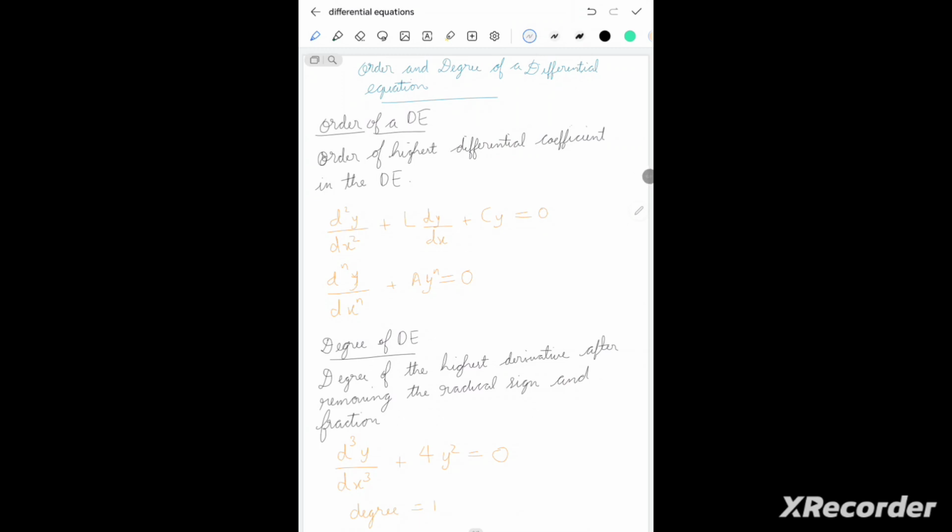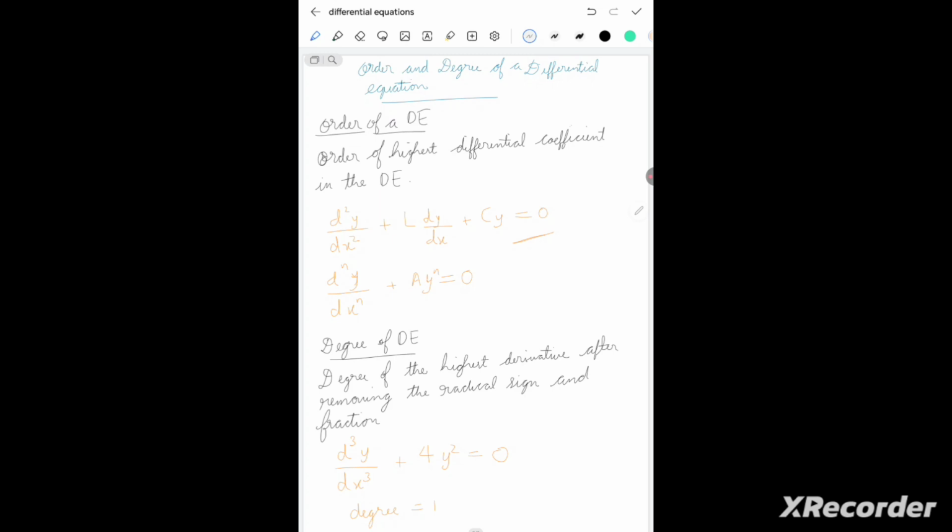Next we will learn order and degree of a differential equation. Order of a differential equation. Order of a differential equation is the order of the highest differential coefficient in the differential equation. Consider this example: d square y by dx square plus L dy by dx plus cy is equal to 0.